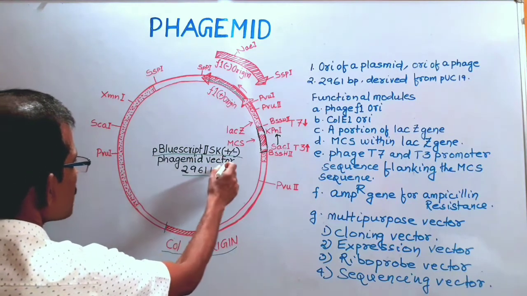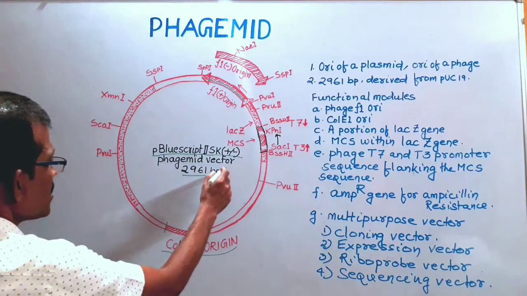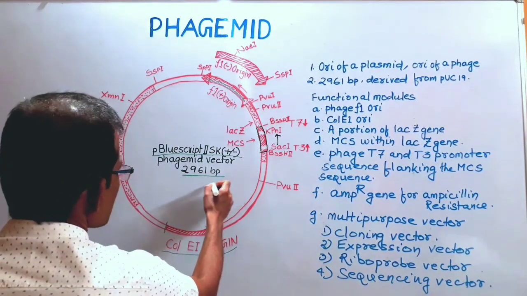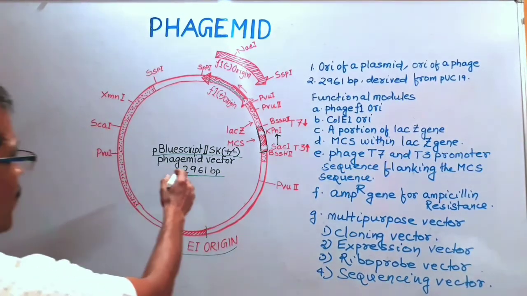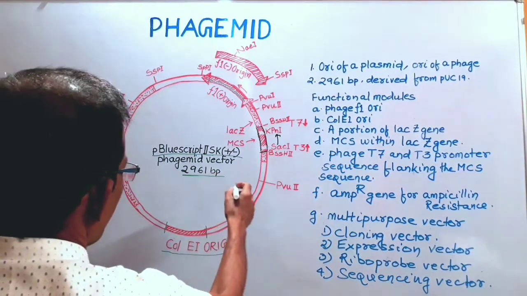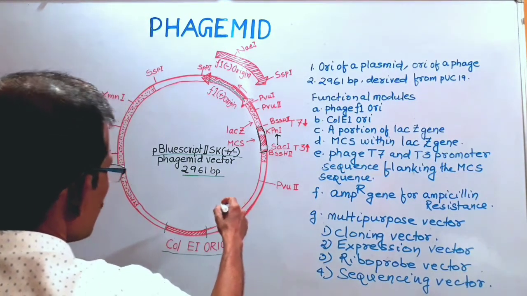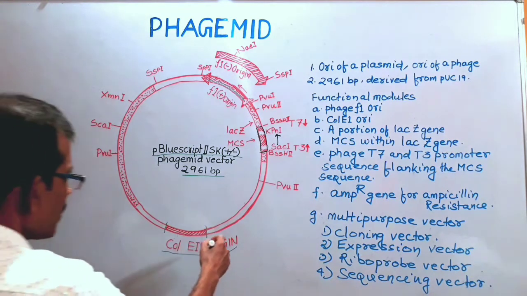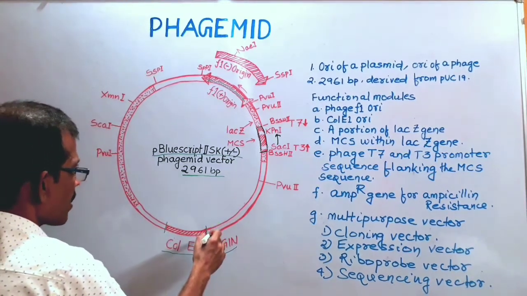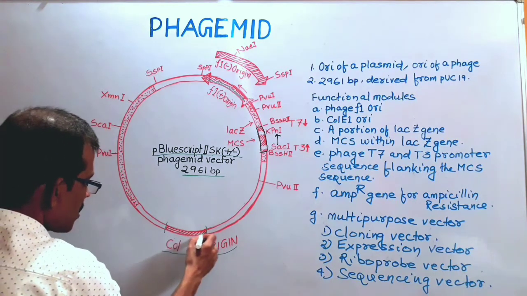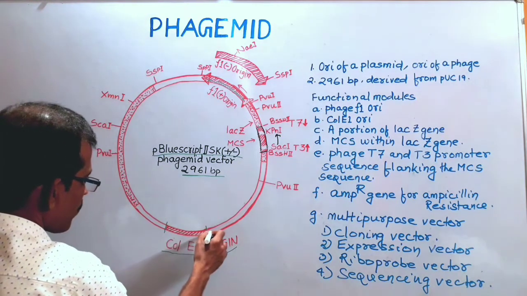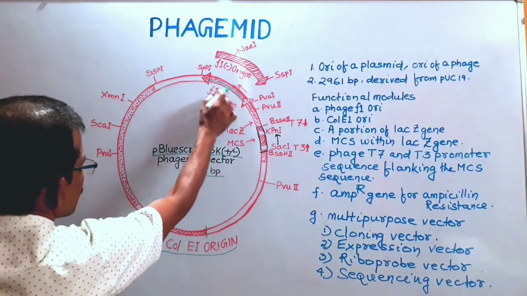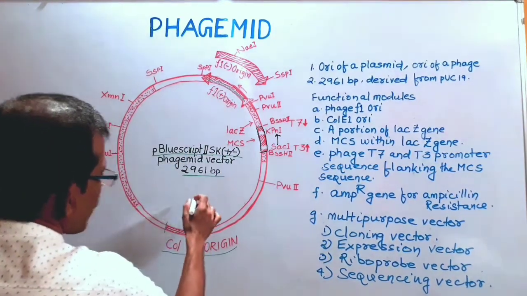This is a Phagemid vector which has 2961 base pairs, and this Phagemid is derived from plasmid pUC19. So the Phagemid contains two origins of replication. One origin of replication is from a plasmid, the other is from a bacteriophage.